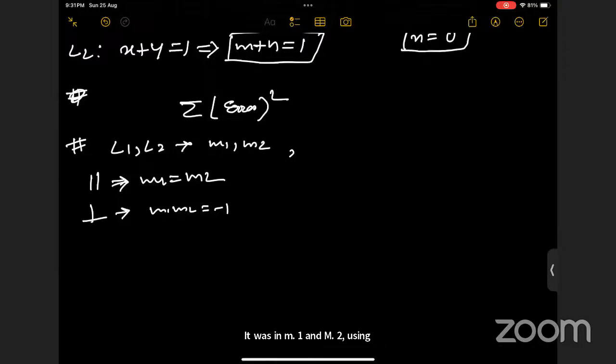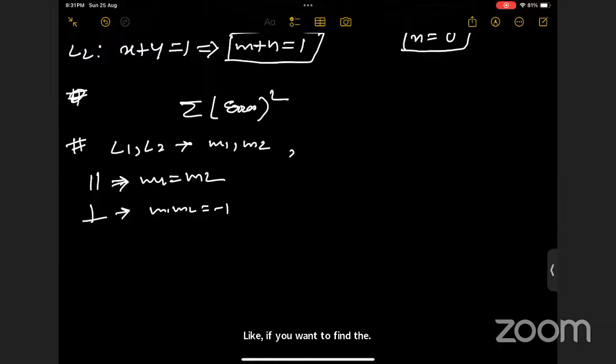I have that formula. I'm just asking in which condition we will understand that we have to use that concept.